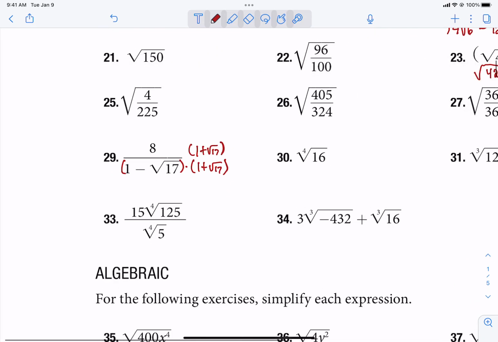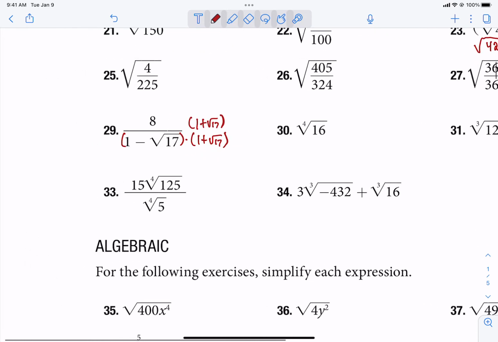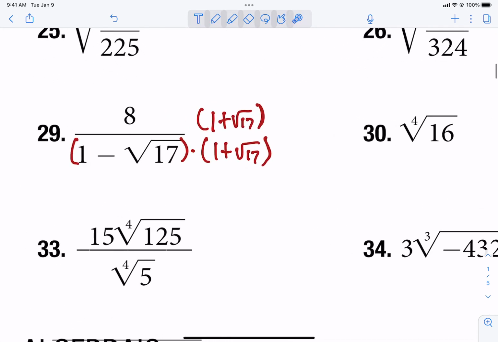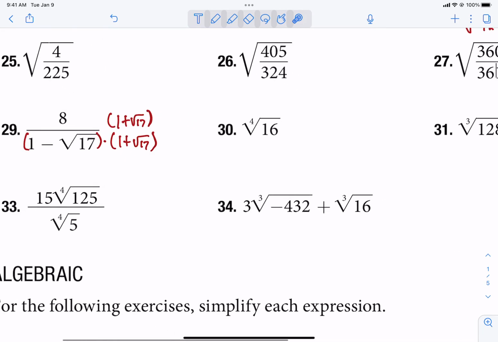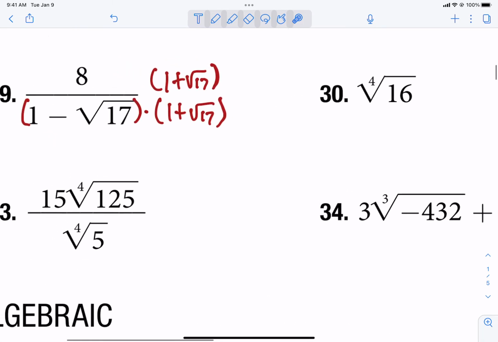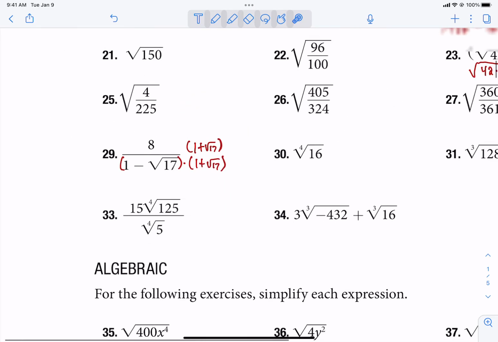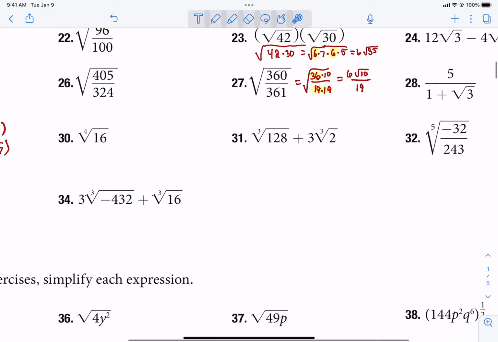On top, you're going to distribute the 8. On the bottom, when you distribute, nice things happen. Give that a shot yourself, and if you have questions, just let me know. So multiply top and bottom by the conjugate for 29.